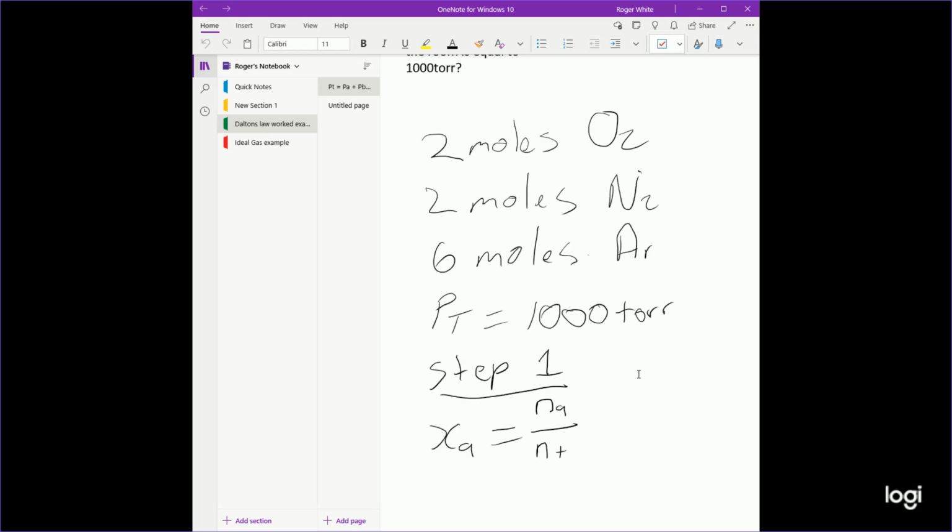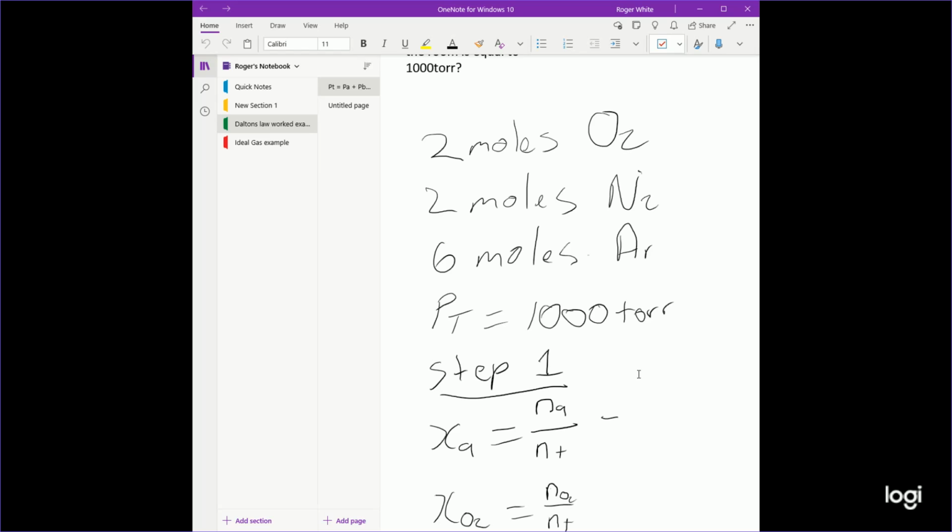We'll do oxygen first. So the mole fraction of oxygen equals the number of moles for oxygen, which was 2, so nO2, over the number of moles in the total system.